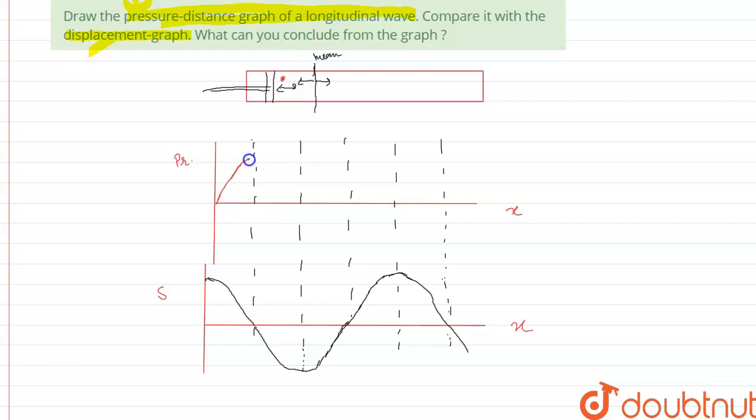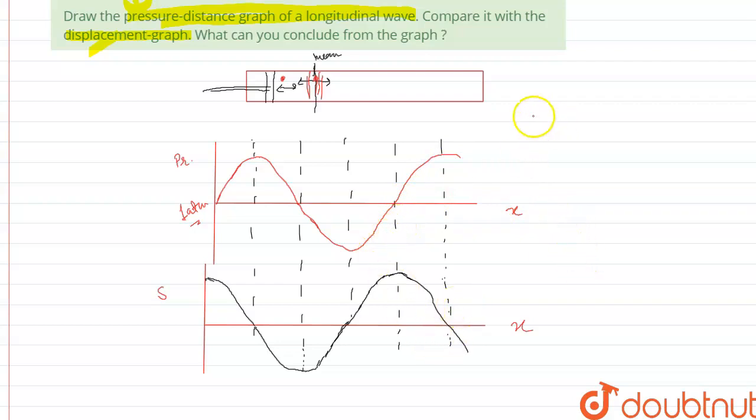And when the displacement is 0, so it is back at this position, it is a compression here, so the pressure will be the maximum. Then it will come to the mean position, where it is not 0 but 1 atm, and then it will go like this, and then this, and so on. So this is the pressure distance graph and this is the displacement distance graph.